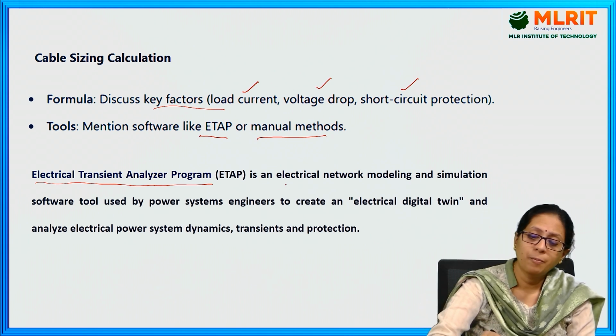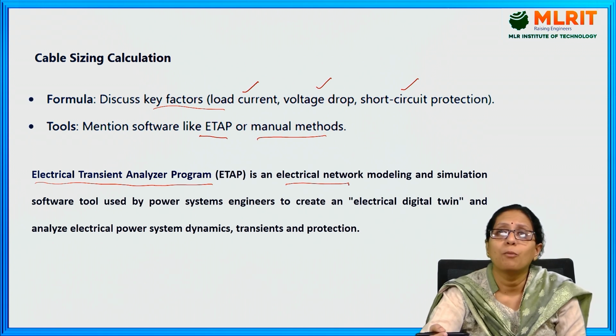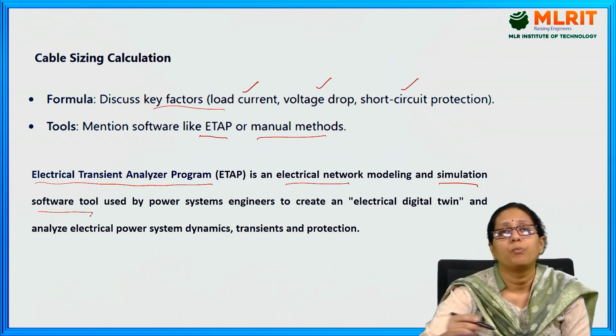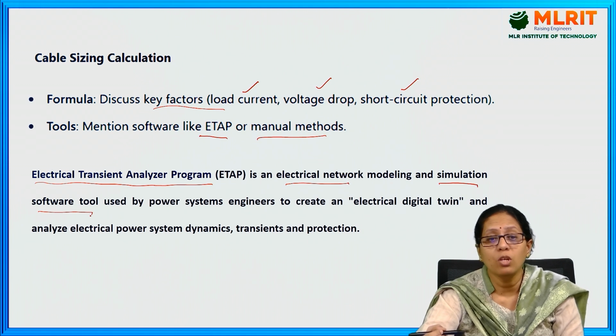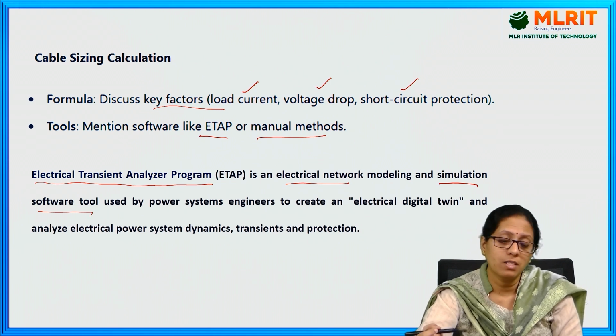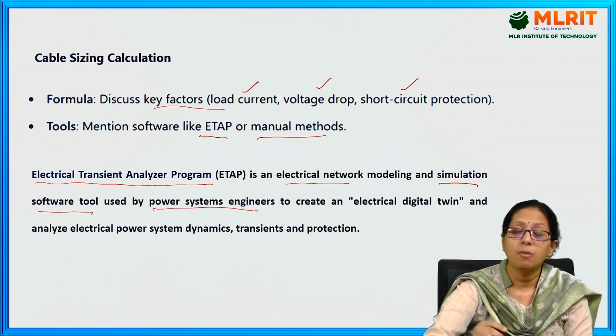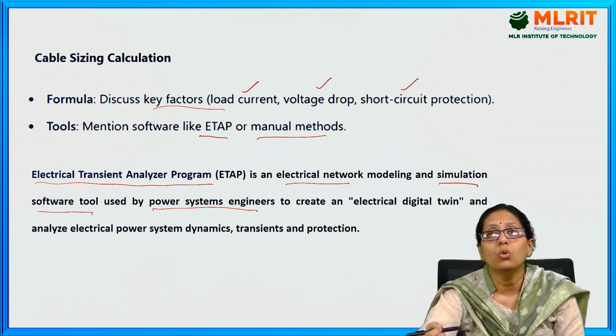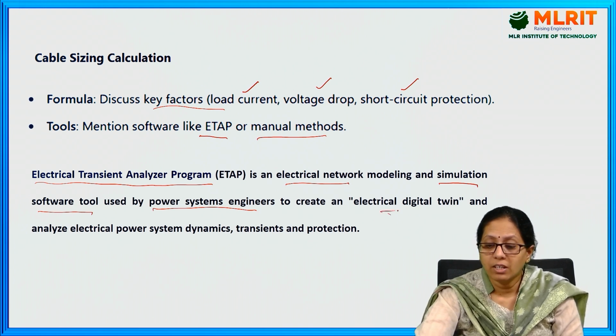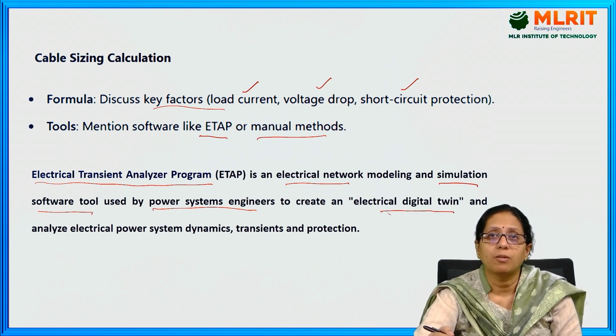ETAP is an electrical network modeling as well as simulation software tool. It is used by power system engineers, mostly in power system engineering, to create an electrical digital twin.